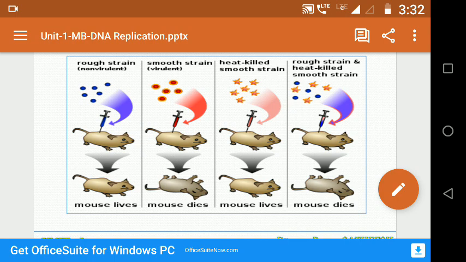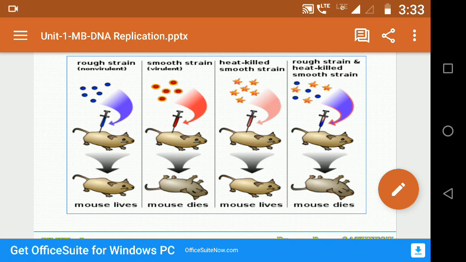He explained these experimental results: from the heat killed smooth strain, the genetic information for virulence is transferred to the rough strain so that the rough strain becomes smooth strain. He isolated bacteria from the dead mice and cultured it.